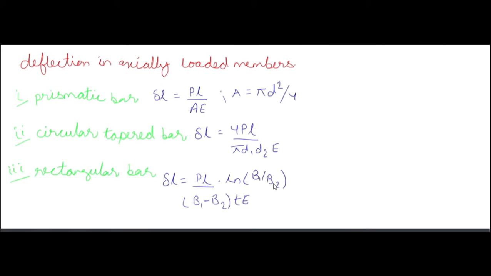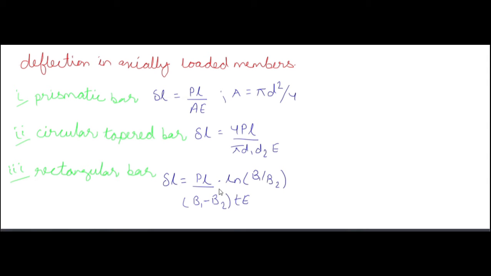B1 is the width that is of higher value, B2 is the lower value of the width, and T is the thickness. E is the Young's modulus, and ln is the natural logarithm of B1 by B2. B is width and T is thickness.